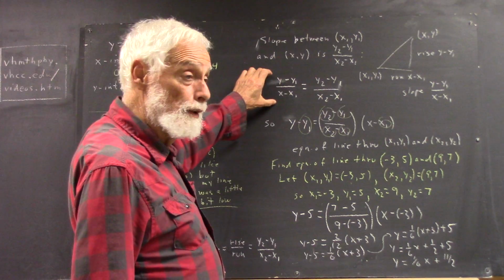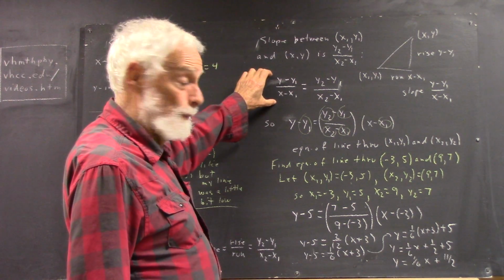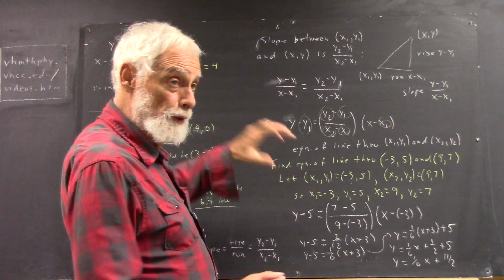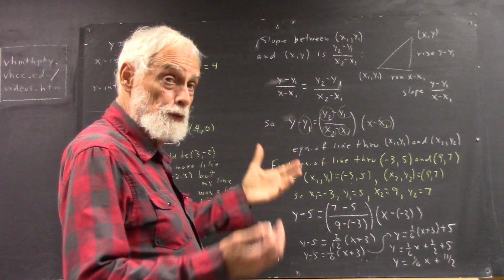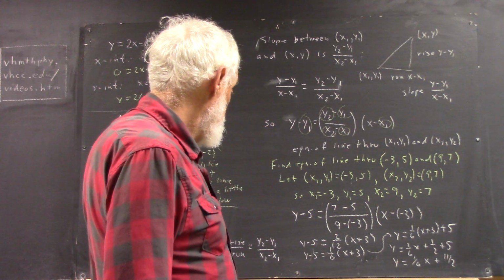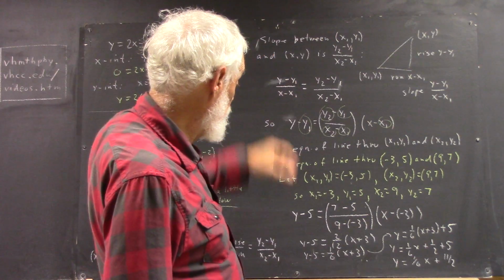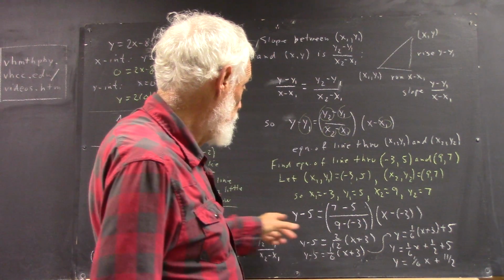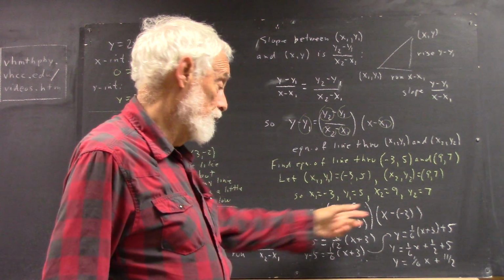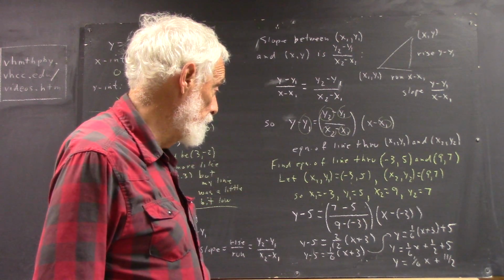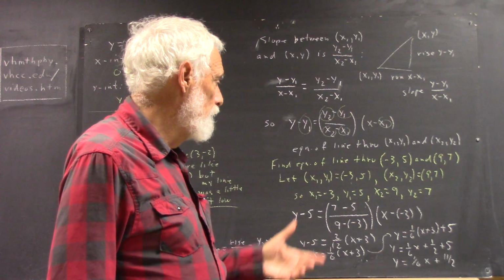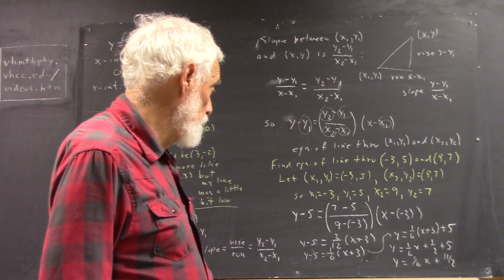We have some idea where this formula comes from, and maybe it's easier to understand where it comes from and be able to write it down that way than to try to memorize it. But whatever works is okay. And then we can just substitute our coordinates in, we get this. And then we solve for y. Okay?